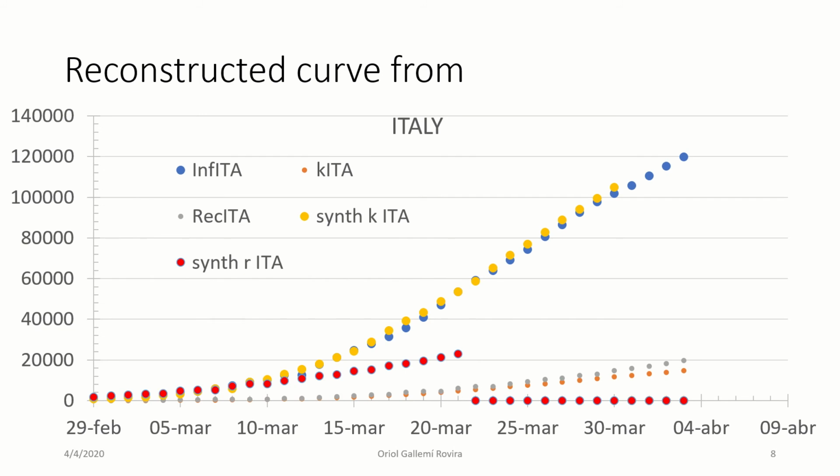In Italy, however, we can appreciate a gap between the recovered, the synthetic recovered, and the infection. So there is a gap between both curves. Maybe some people are not admitted to the hospital and they are discharged or released early on, and we cannot count them, and they are not accounted for in the system.